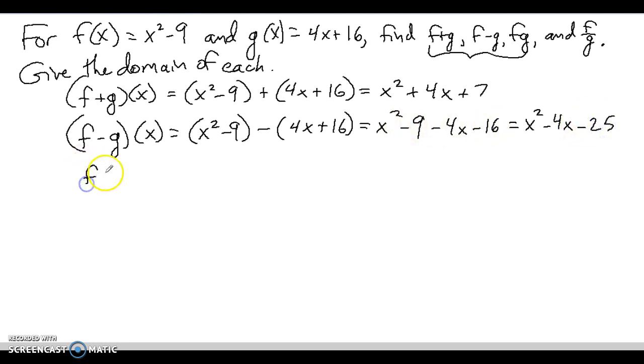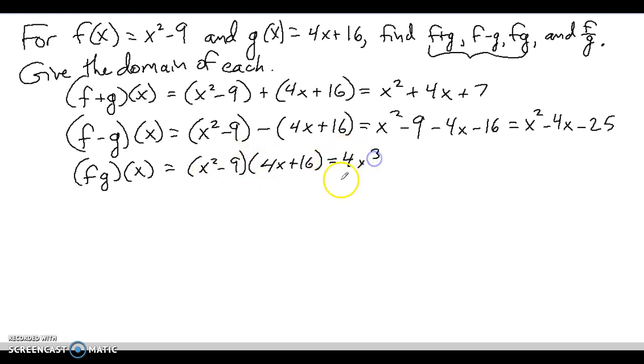f times g. That is just going to be f of x times g of x. And here we have to do all our distributions. x squared times 4x is 4x cubed. x squared times 16 is 16x squared. 4x times -9 is -36x.